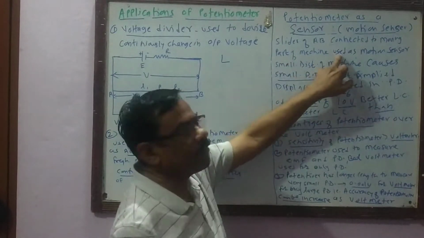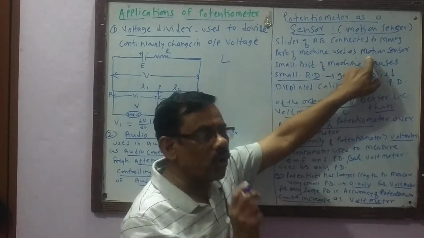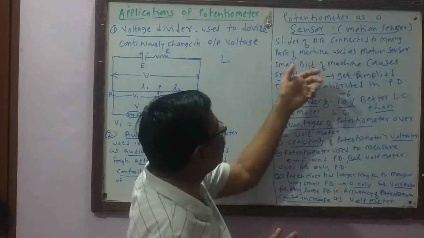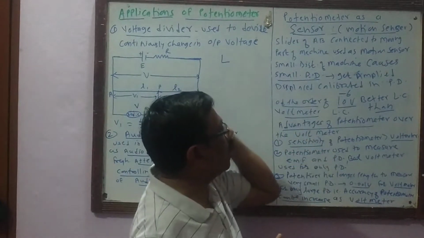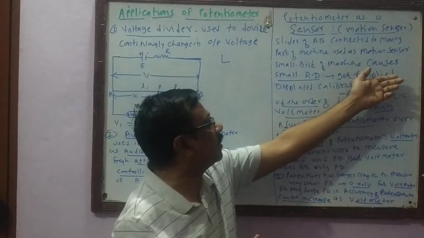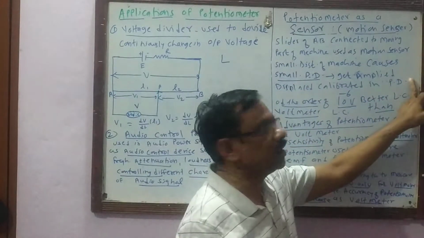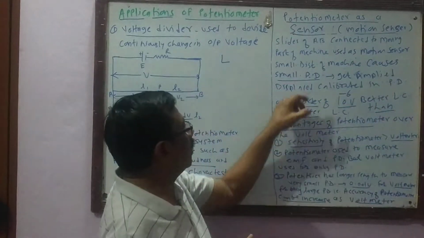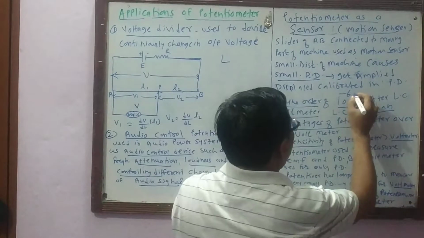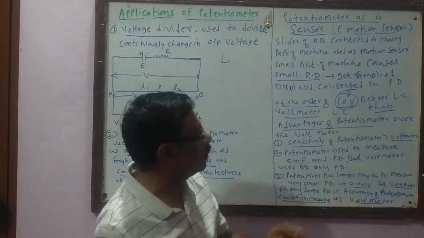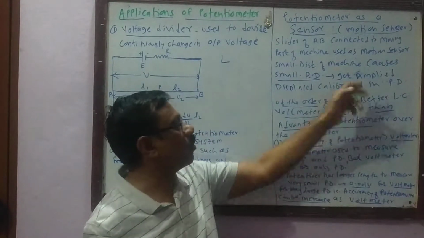When it is connected to the main part of the machine, a small displacement of the machine causes a small change in the potential difference across the potentiometer, and this small change causes a large change in the amplifier circuit. So the displacement is calibrated in terms of potential difference, and by using the potentiometer we can generate a voltage of the order of 10 raised to minus 6 volt across the machine.